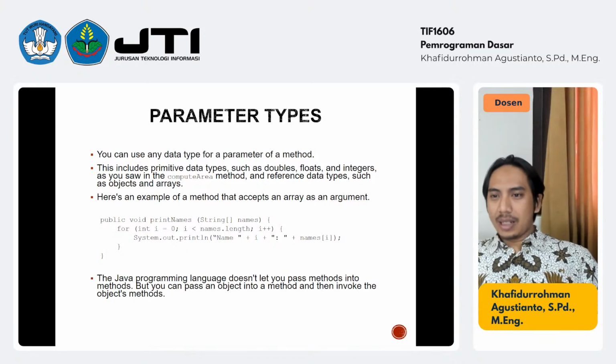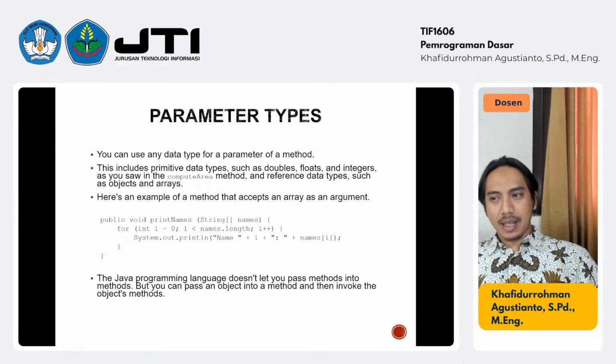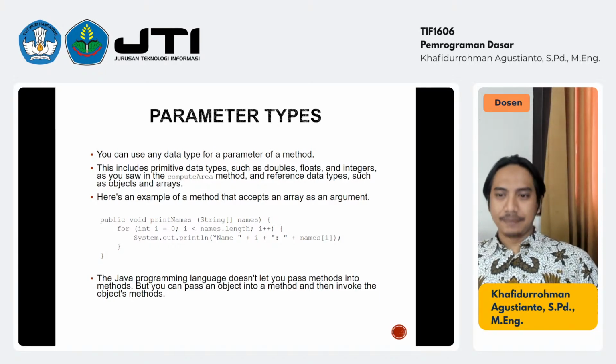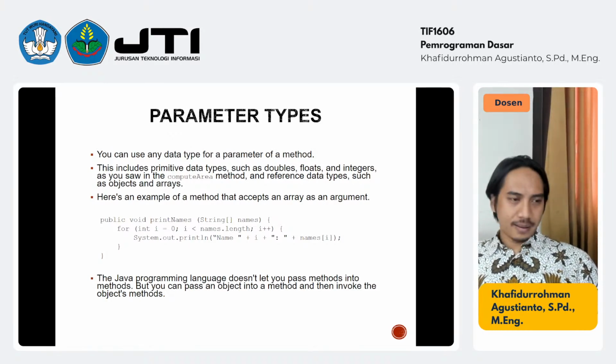Parameter types. You can use any data types for parameters of methods. This includes primitive data types such as double, float, and integers, as you saw in the calculateArea method, and reference data types such as objects and also arrays. Here is an example of a method that accepts an array as argument.